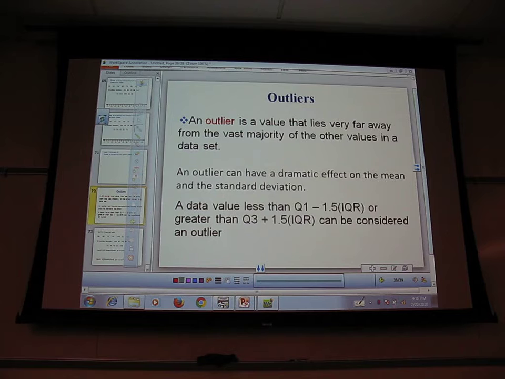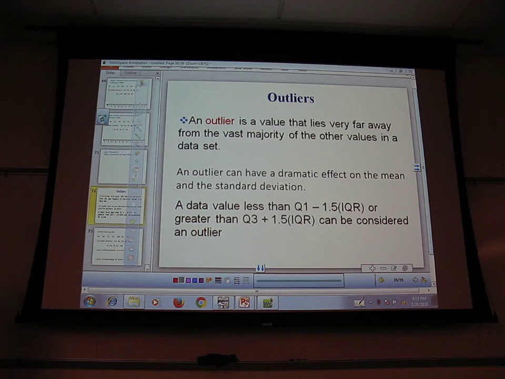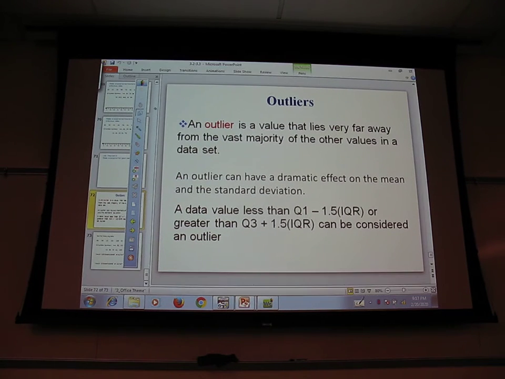A data value less than Q1 minus 1.5 IQRs or greater than Q3 plus 1.5 IQRs can be considered an outlier. This IQR is the interquartile range, which we talked about a little bit a minute ago. We're going to talk about it a little bit more.